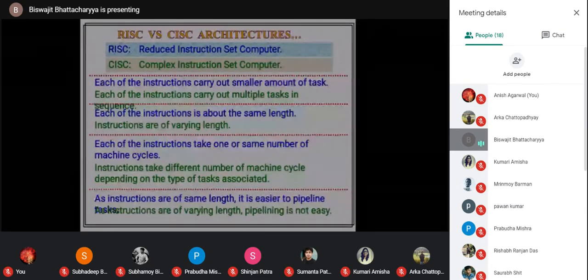Now in a RISC processor, when one instruction is being executed at one particular phase, the processor can execute at the same time the phase of another particular task. So parallel processing is supported. The parallel processing is called pipelining. I don't want to say too much about pipelining right now.